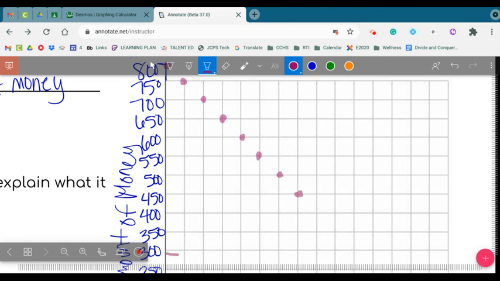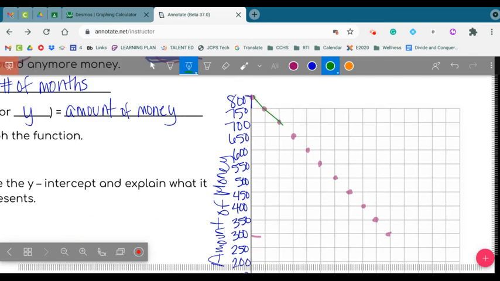It looks like $300 is right about there. So that's where our line is going to stop. So we're going to draw our line. It's going to stop at $300.